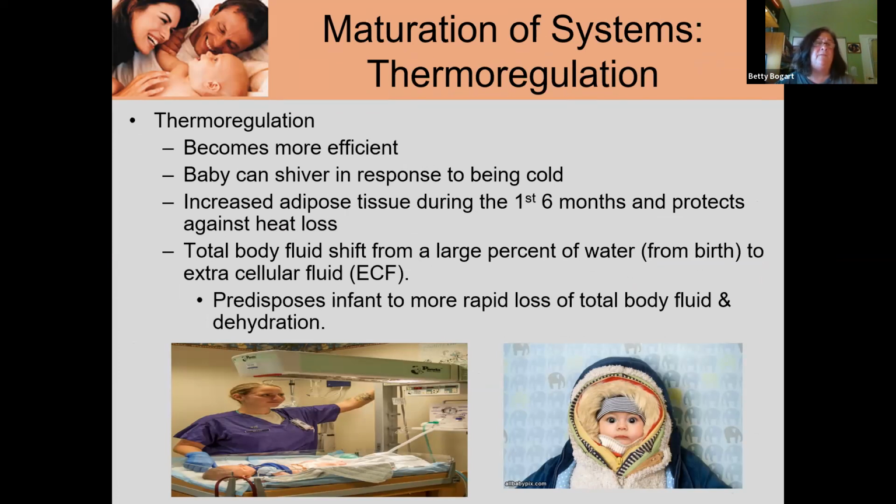So if we have an infant who's very young, younger than those first 2-month immunizations, we are going to be on high alert, and we're going to really treat those children, because they have no immune defense at all, only what mom's given them, and it's going away.